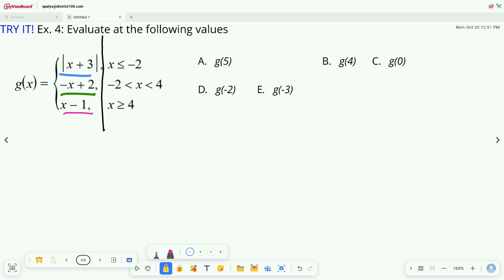Is 5 less than or equal to -2? No. 4 less than or equal to -2? No. 0? 0 is less than or equal to -2? No. -2? Yes, because it's equal. And what about -3? Yes.